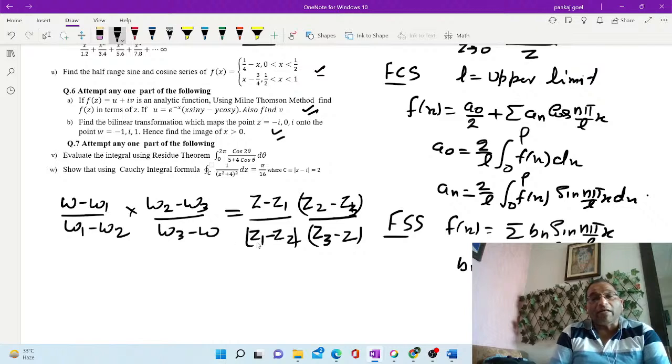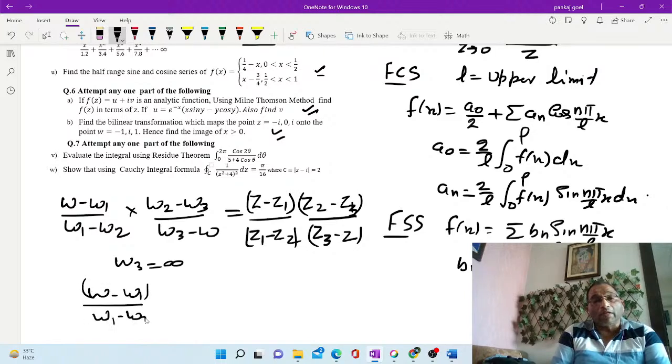If any one value is infinite, then first take that value as common from numerator and denominator, convert it to 1 upon the value and write the value as 0. For example, if I say let w3 be infinite, we can write the left hand side as (w minus w1) upon (w1 minus w2), and take w3 as common.